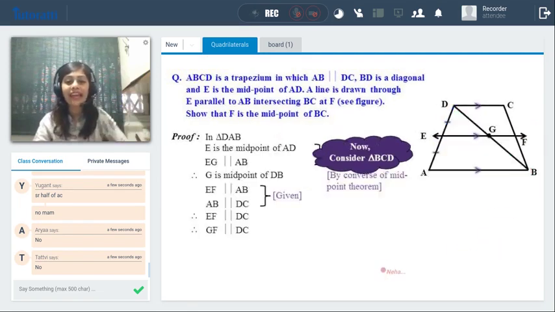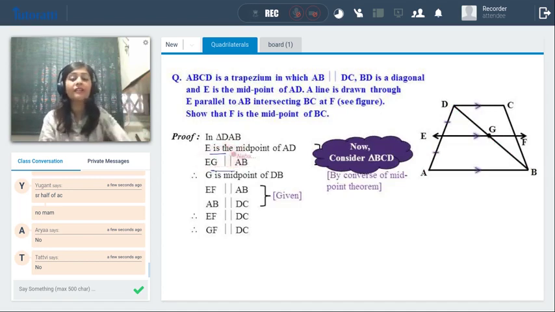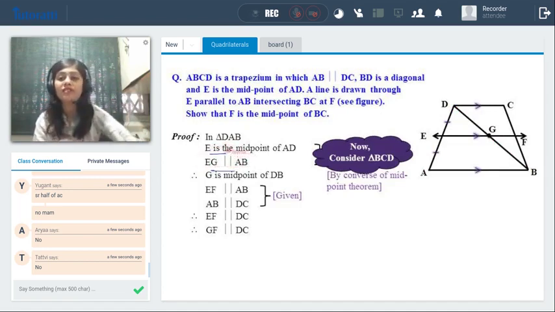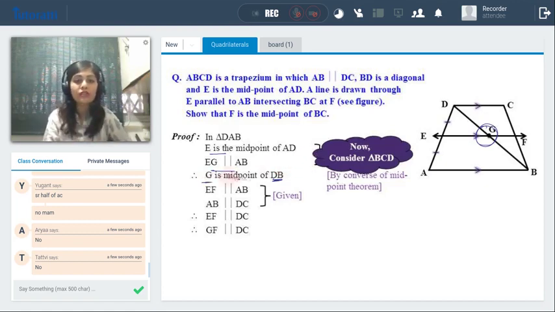Now students, what do we get? E is the midpoint of AD, EG is parallel to AB. So by the converse of the midpoint theorem, the line also bisects the third side BD of triangle ADB. Yes, G is also the midpoint of DB.